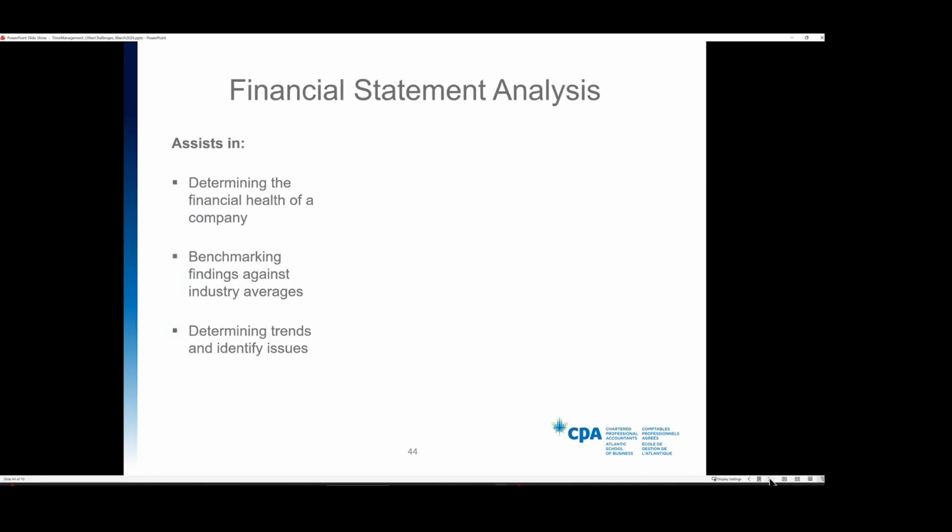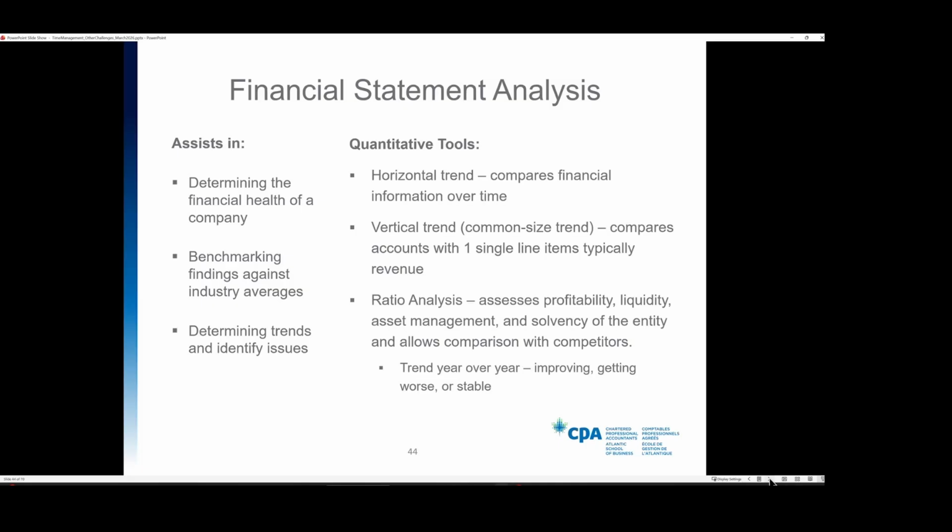Financial statement analysis. Well, that helps determine the financial health of a company. You're able to compare the company's performance to industry benchmarks. You're able to identify trends and identify issues. So the types of analysis you can perform.